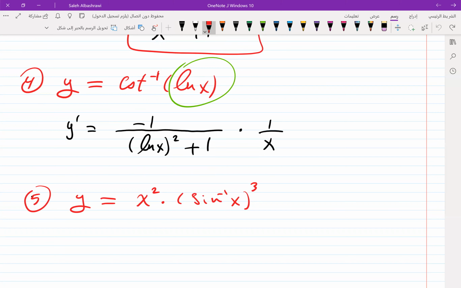Now for this example, we have to apply the product rule and also the chain rule and the derivative of the inverse trigonometric function. First of all, we have to apply the product rule because I have multiplication of two functions. So this is by product rule.